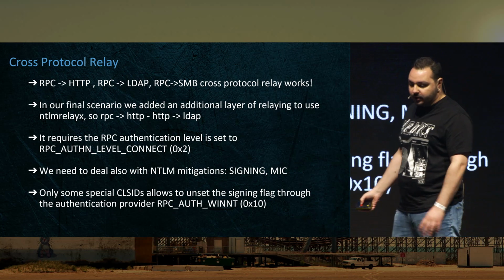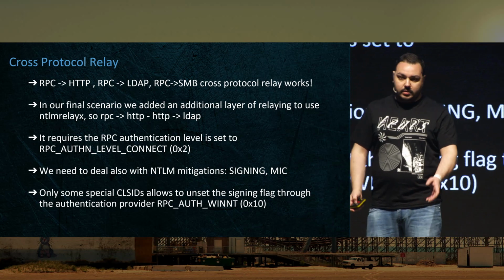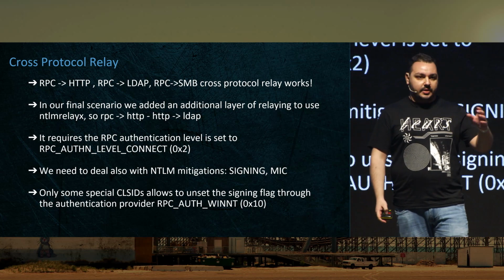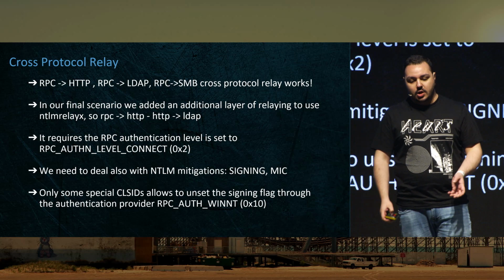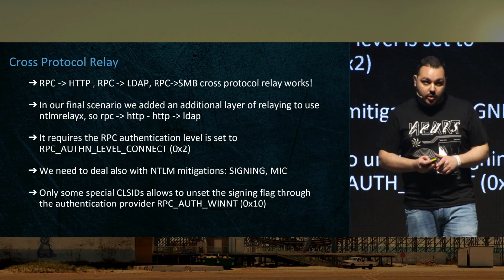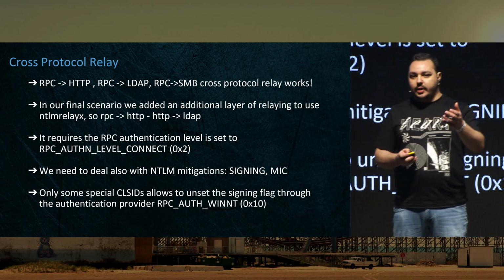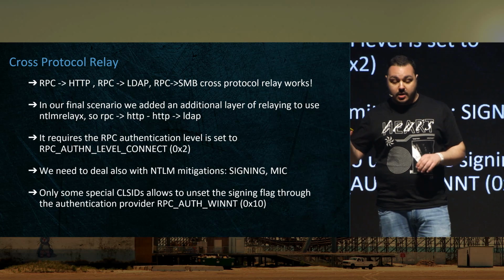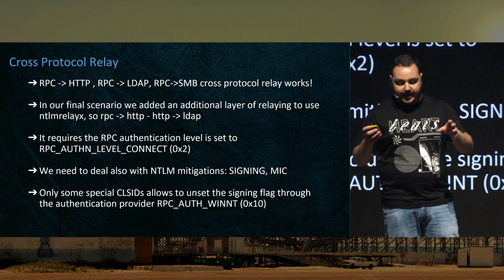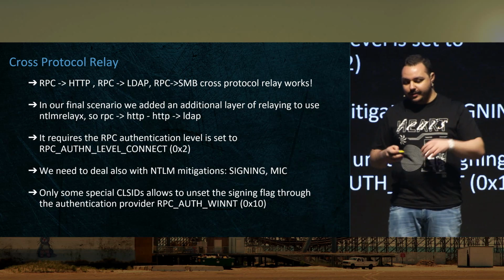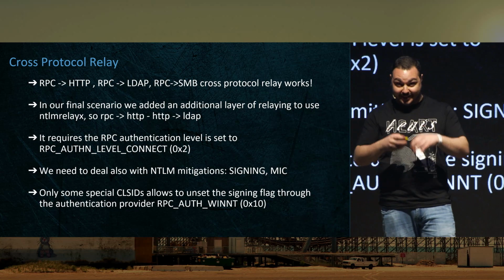So what we can learn from this experiment is that RPC to HTTP, RPC to LDAP, and RPC to SMB cross-protocol relay works. In our final scenario we also had an additional layer of relay, so RPC to HTTP and HTTP to LDAP. The authentication does a lot of travel, but it works.